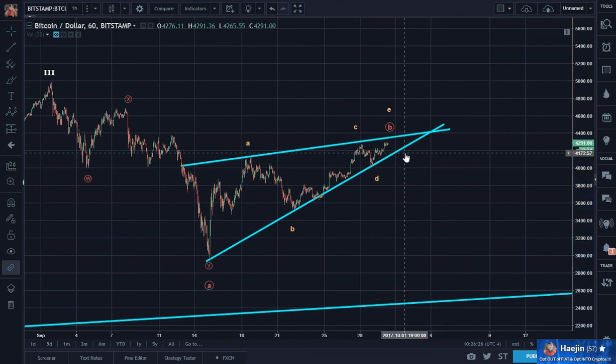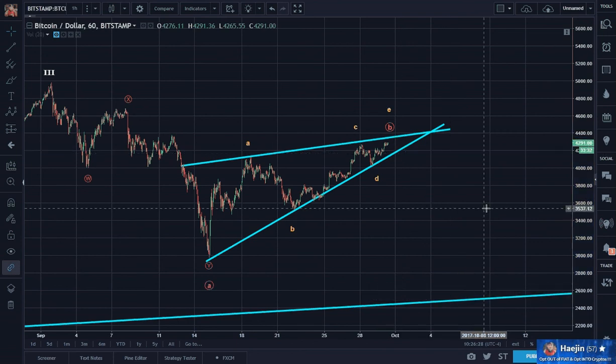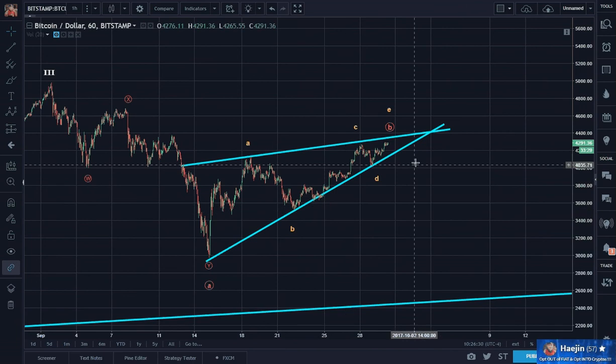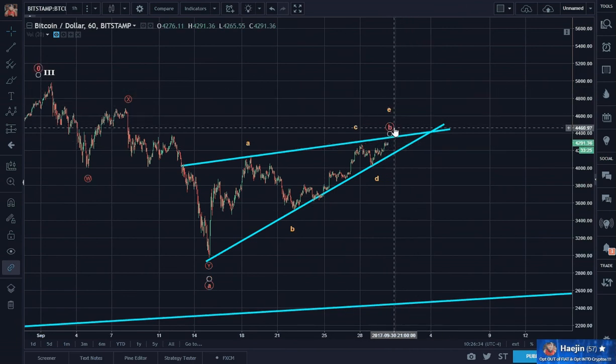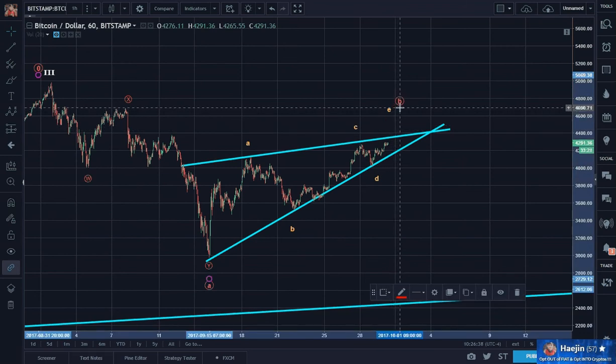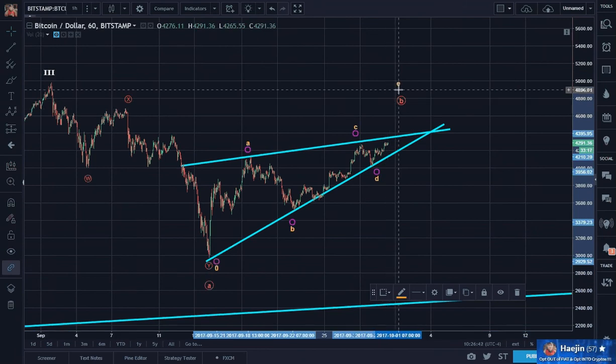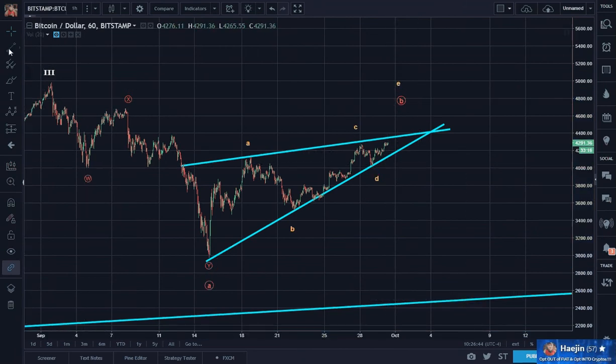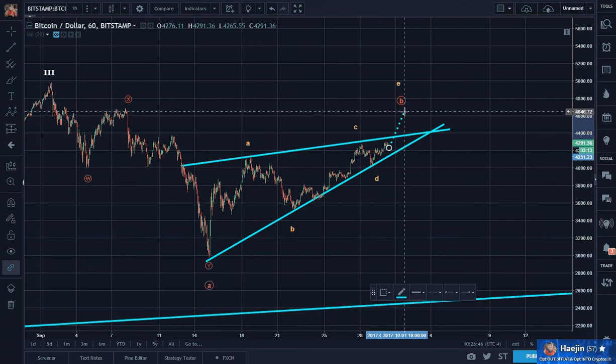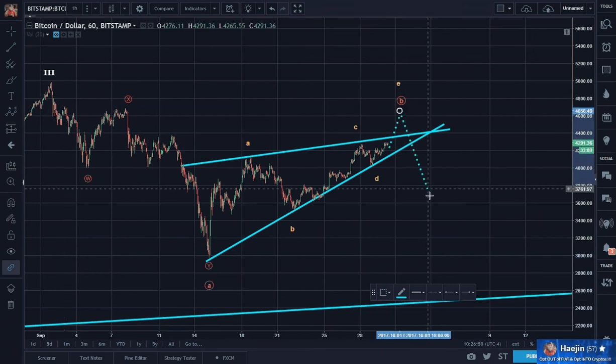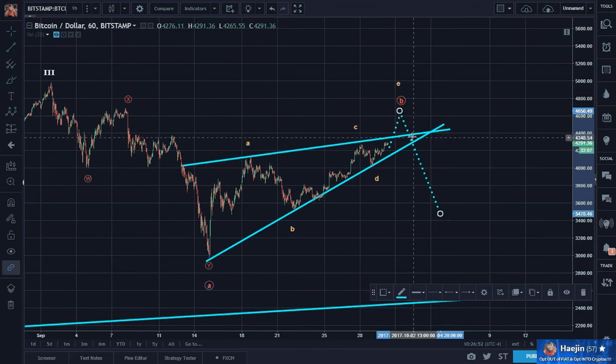Is it my primary count? No, it isn't. My primary count is that this has maybe a bit to go. For example, here. And I see a scenario, maybe it'll spike up, potential, and then spike down, which will confirm the bearish.